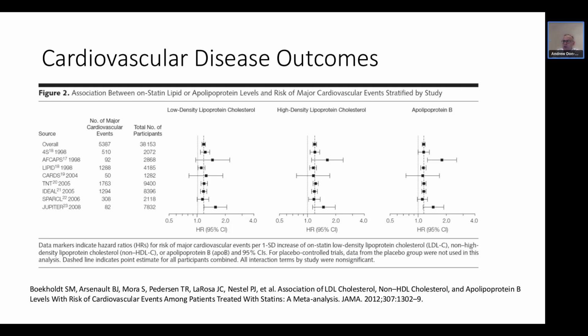But if you look at apolipoprotein B across on the right, it's very similar, with very similar values and also quite a tight distribution. Individual studies obviously have a slightly wider spread, but apolipoprotein B in most of those studies also demonstrated a significant hazard ratio for the detection of major cardiovascular events, stratified by study. So the hazard ratios for LDL cholesterol and apolipoprotein B are pretty similar in this meta-analysis, which was published in 2012.